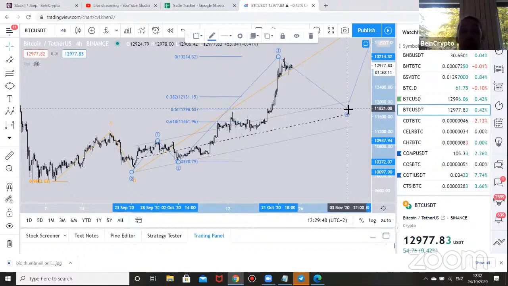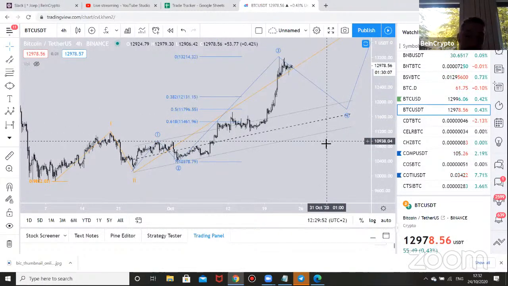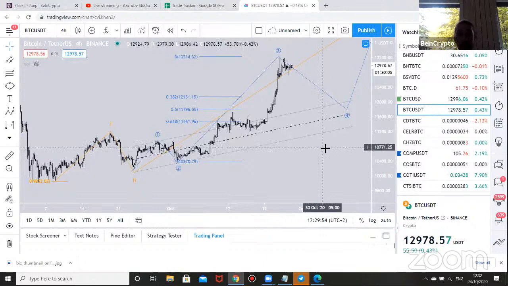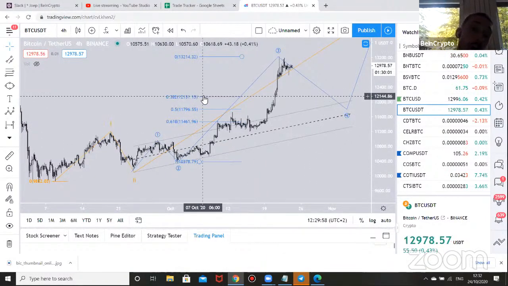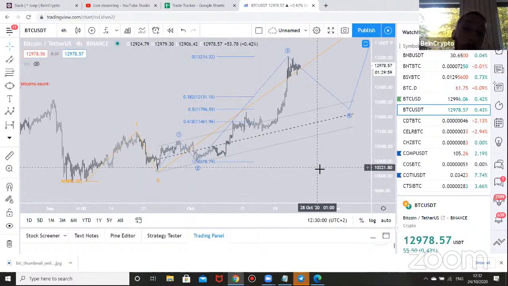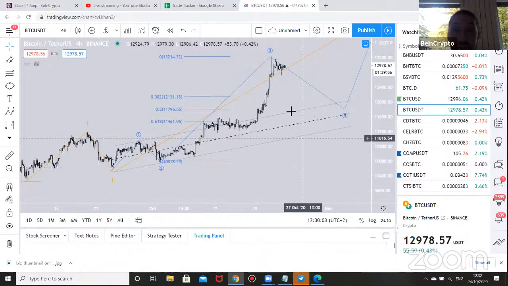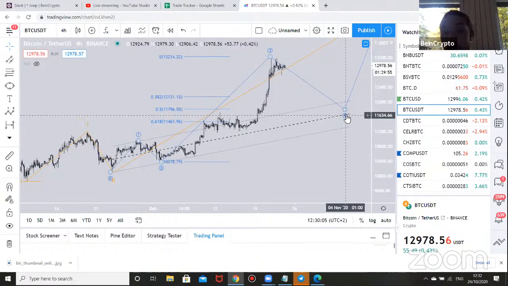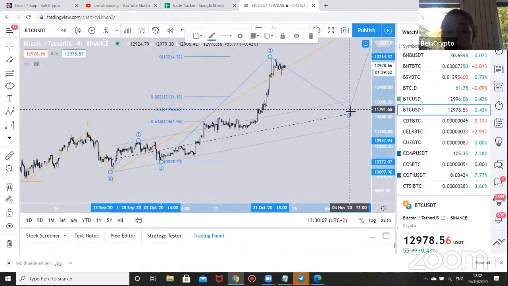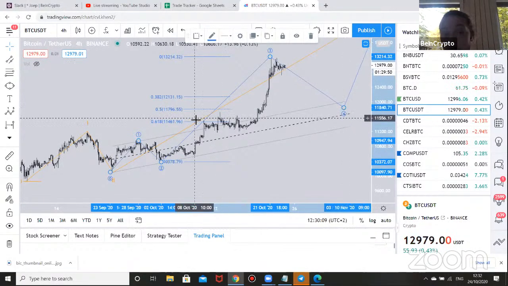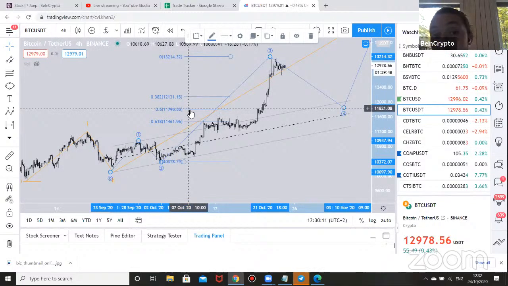Now, I really like to use confluence, right? So meaning when the price is retracing, I would expect the price to retrace to one of the common fib levels, but also have confluence with something else. So in this case, it's the middle of the channel here, or it can come to the top of the channel. So right now I would be looking at the 0.5 fib level to retrace.